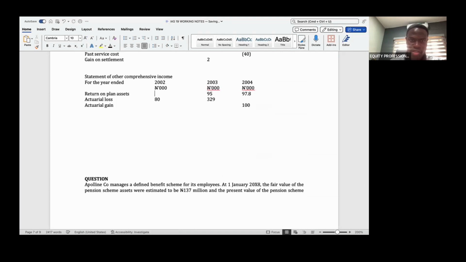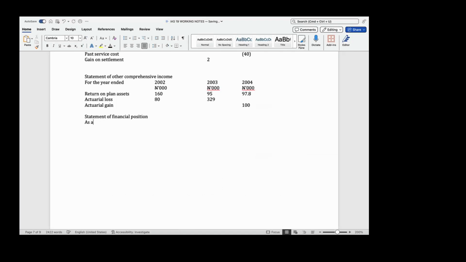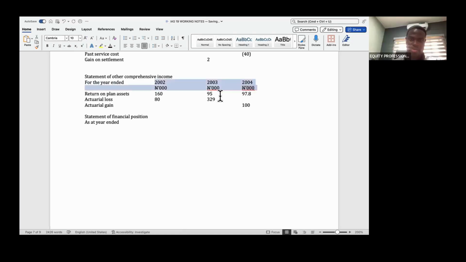Actual loss of 80, return on plan asset of 160. Okay. Then my statement of financial position. Sorry, sir. The actual loss in 2003 is 320, not 329. Oh, okay, thank you.